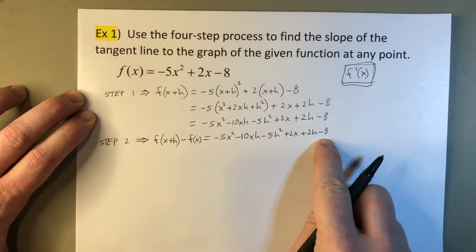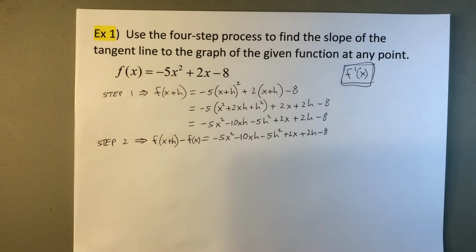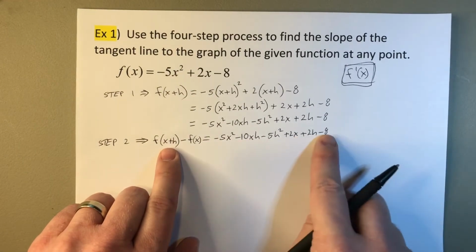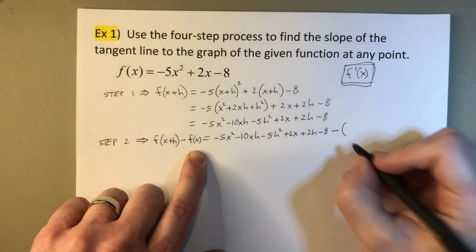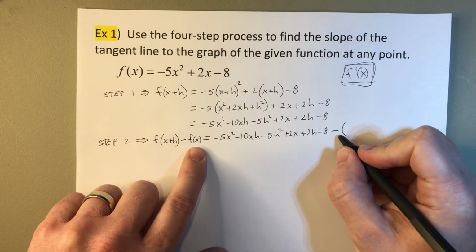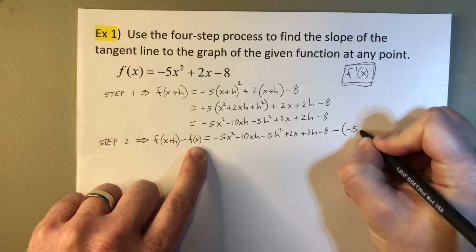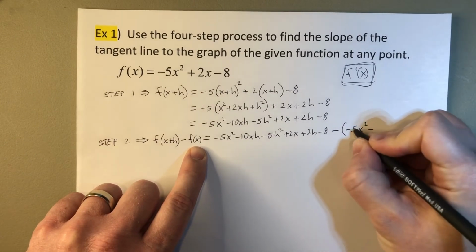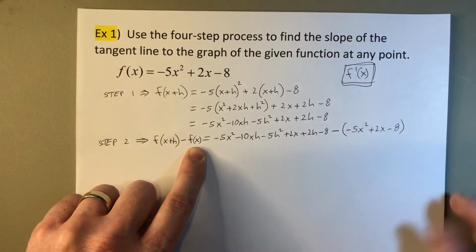This entire expression is f of x plus h. All right? This is the quantity f of x plus h. And then minus what? Minus whatever f of x is. So this is your f of x. So minus whatever f of x is equal to, which is negative 5x squared plus 2x minus 8.